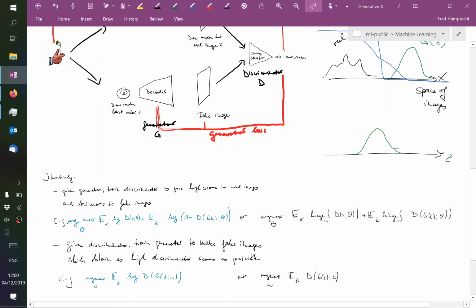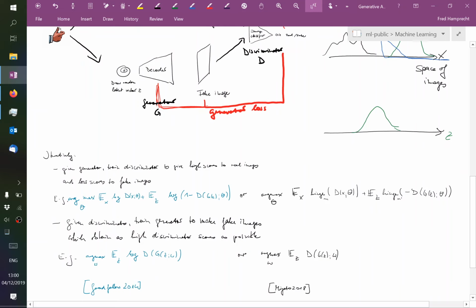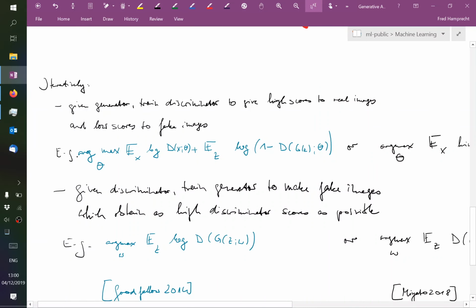But there are many other ways. The general game is always this. Iteratively, given the generator, train the discriminator to give high scores to real images and low scores to fake images, and then vice versa. Fixing the discriminator, we want to train the generator to make fake images which obtain as high discriminator scores as possible.